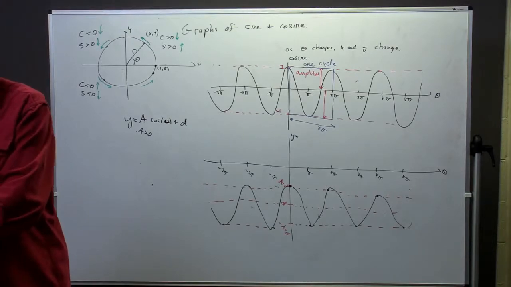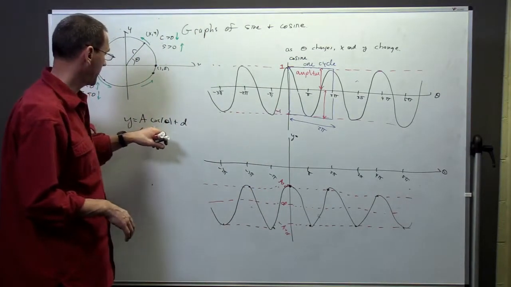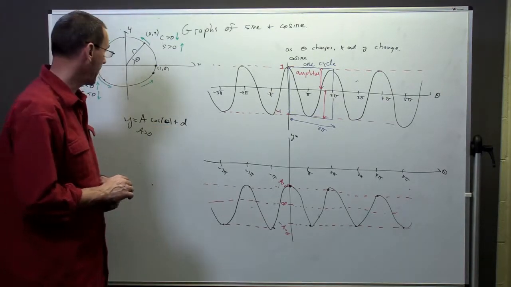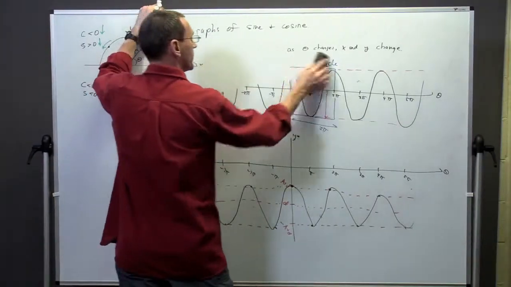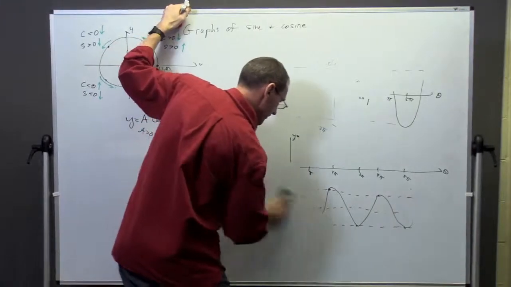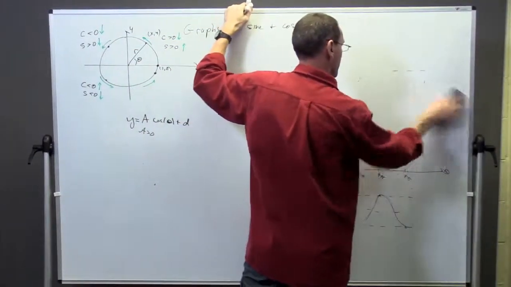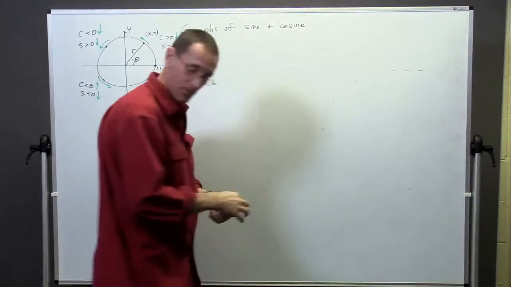Okay. All right. Let me do one last example, and I'm going to give you an example where you figure out what the A and D is from a description. Okay, so what do we have?